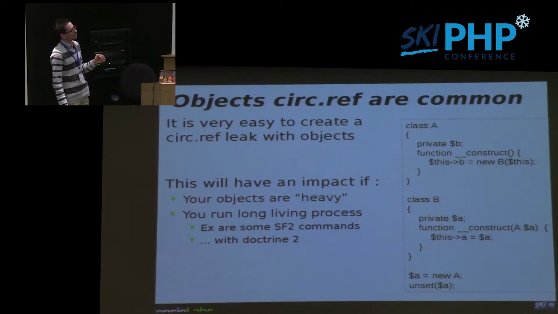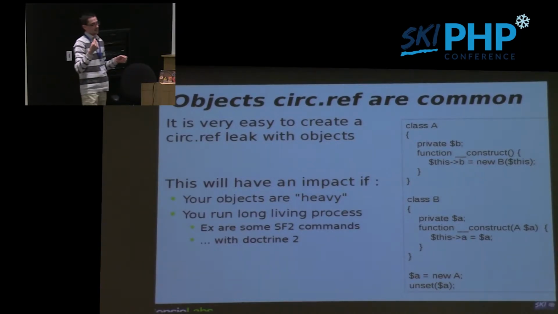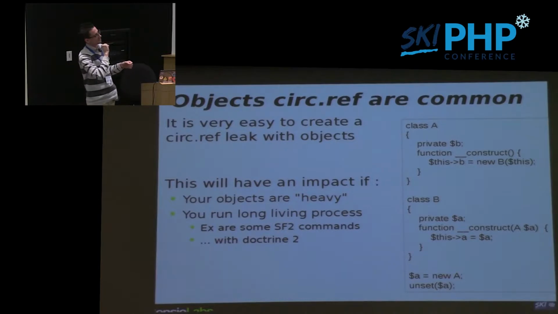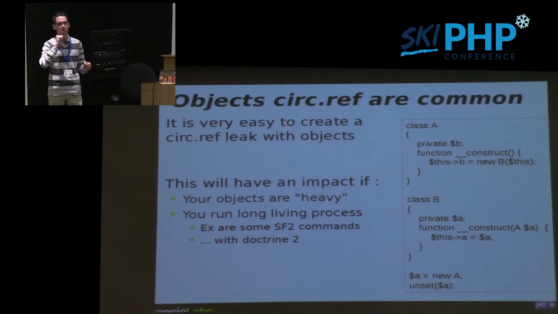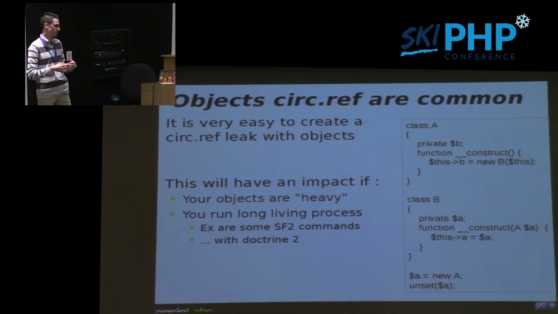As soon as you pass this to another object, and this object uses yourself, and this object passes itself to the other. So this is a circular reference, and it's a little bit more tricky to watch at first. So on the right, I created a circular reference leak, and I did not notice it.